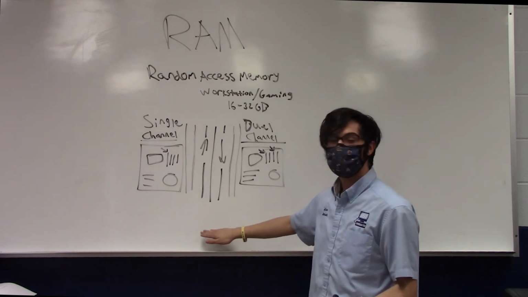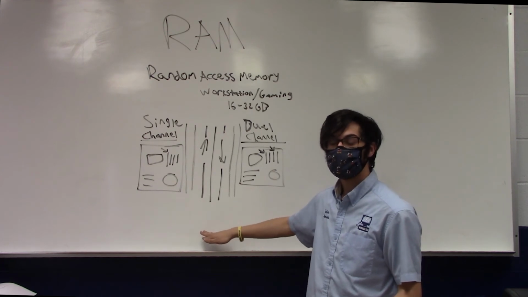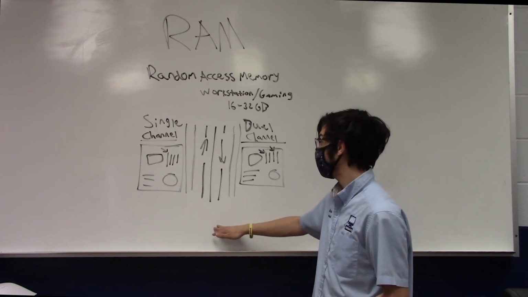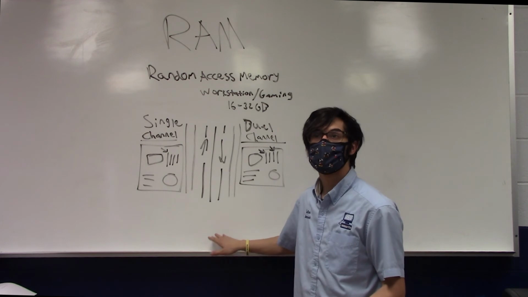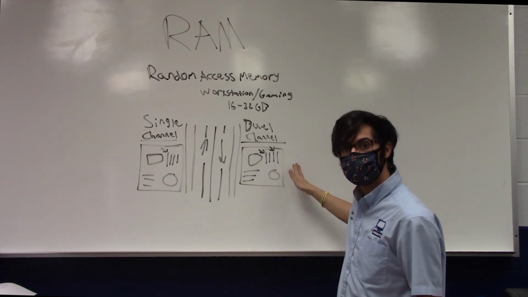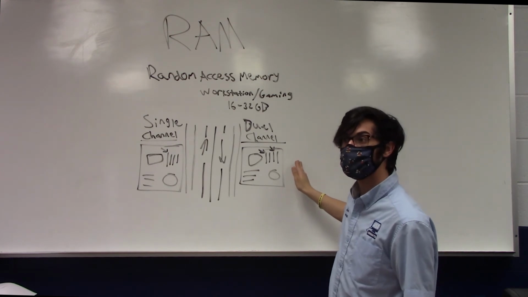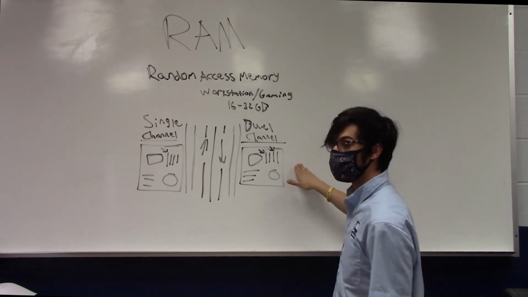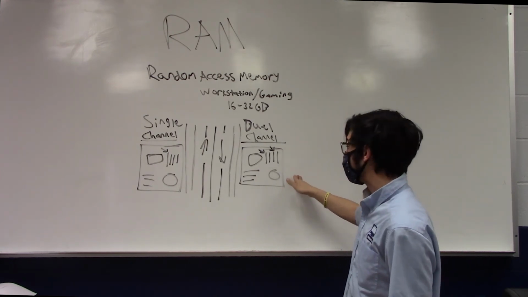This is the equivalent of adding an extra RAM stick. Making your RAM dual channel is like adding another lane to a highway. Because the more data gets put through at once, the faster your computer will process things and just run a little bit faster.